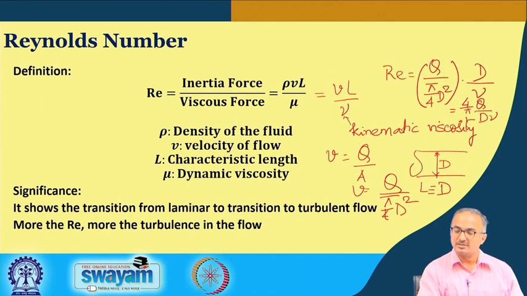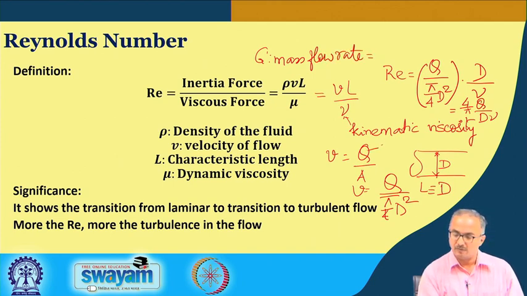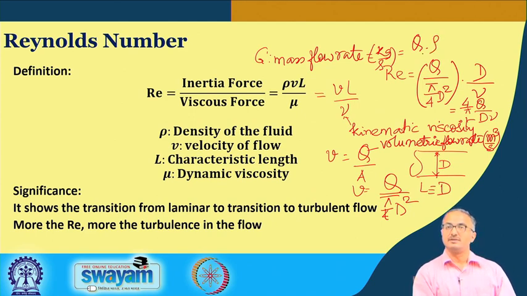Suppose G is the mass flow rate and Q is the volumetric flow rate. Then in SI unit Q will be meter cube per second, and G in SI unit will be kg per second. Now, you can see that this mass flow rate is nothing but the volumetric flow rate into the density.